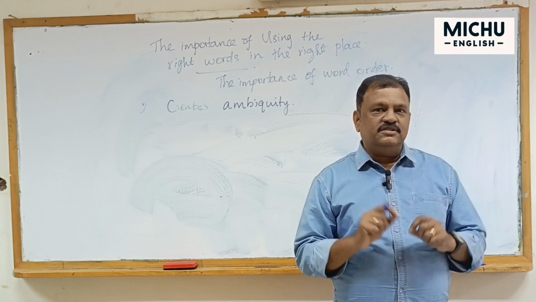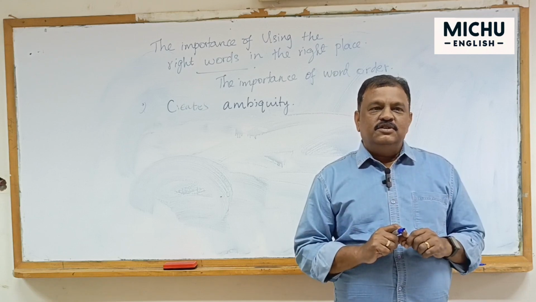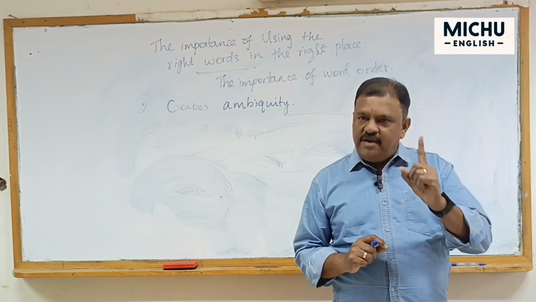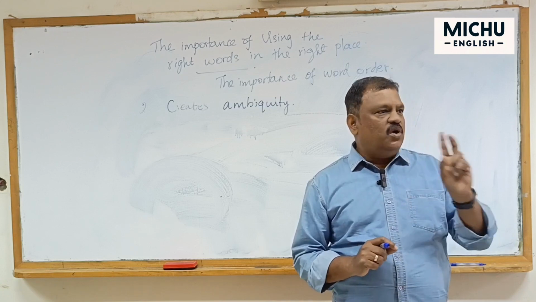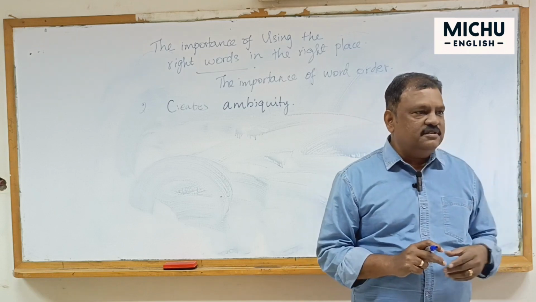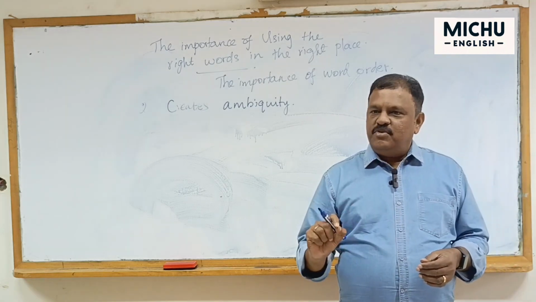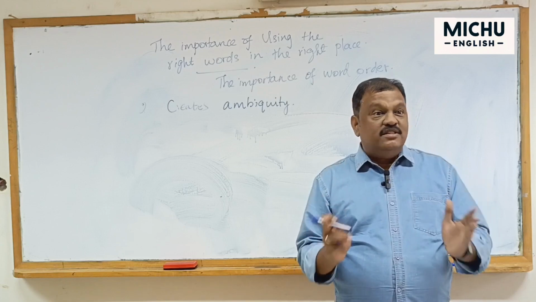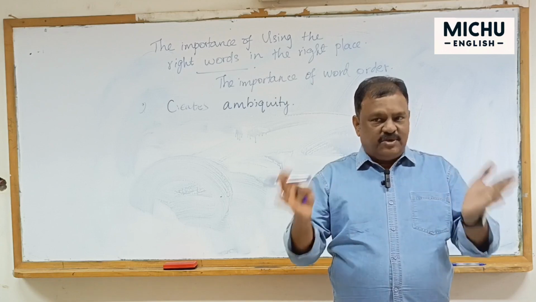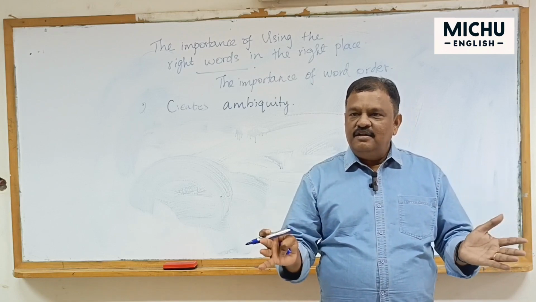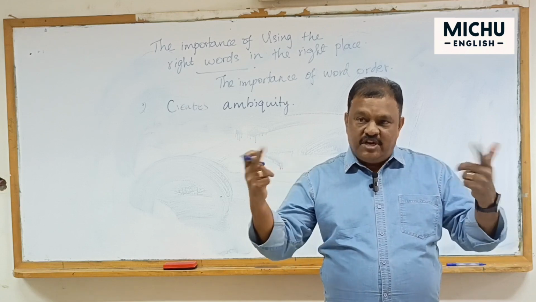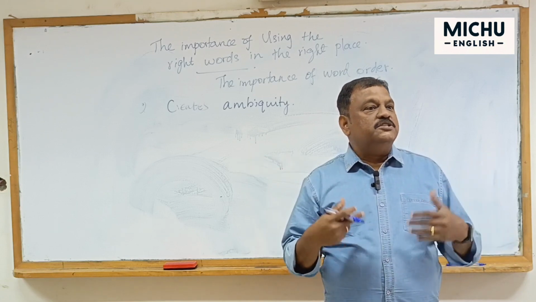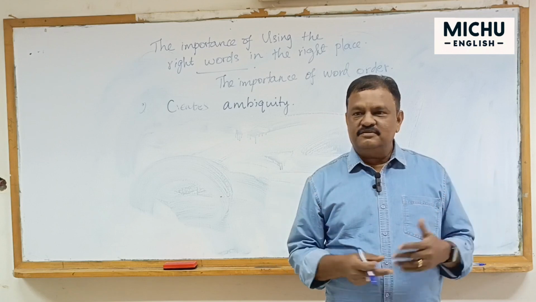Suppose you write a sentence. You want your reader to understand you well by having only one meaning, or you want them to have more than one meaning. When you write to someone, you want them to understand you clearly with the precise meaning you want them to understand, or you want them to be confused by writing in such a way that your sentence means more than one meaning.